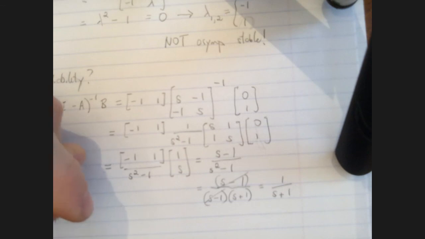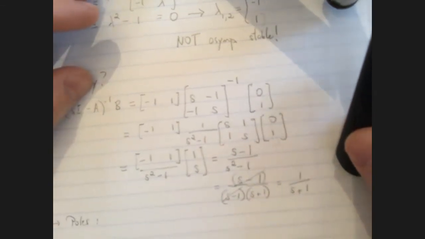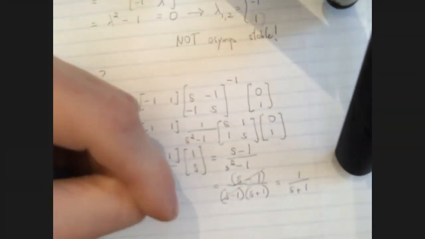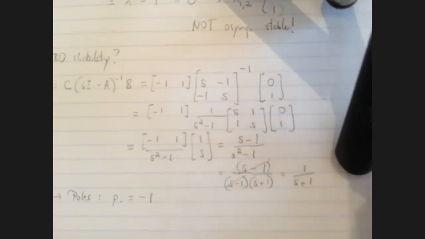Therefore, for the poles, I just end up with one pole: p equals -1. The only pole that I have is negative. Therefore, my system is indeed BIBO stable.